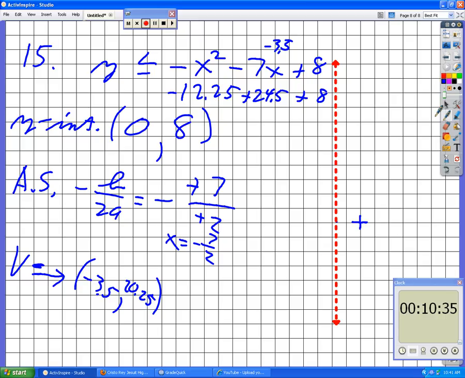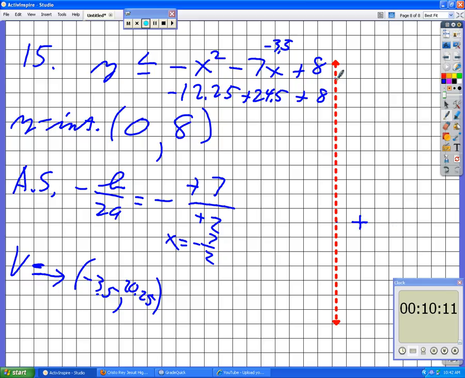So, axis of symmetry. Now our vertex is at negative 3.5, which puts us on the line, right there. And now we're going to go up 20.25. Counting up, every line is 2. So we get 2, 4, 6, 8, 10, 12, 14, 16, 18, and 20.